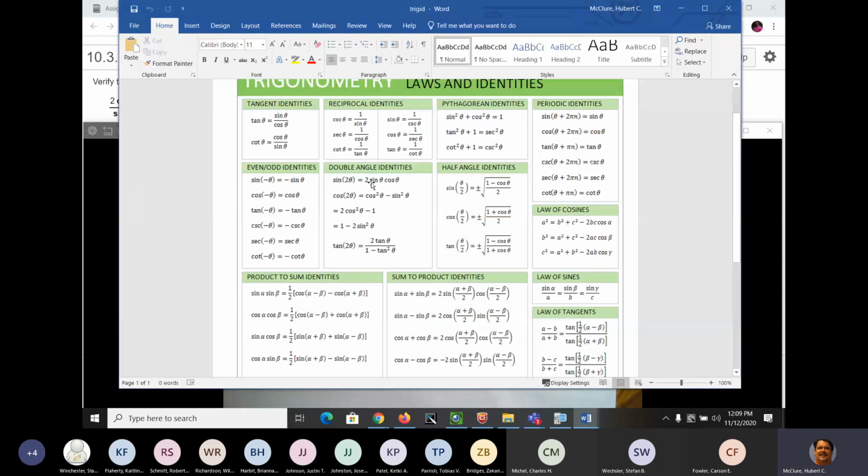Well, it should be sine of 2 theta equal to 2 sine cosine. Well, that should be up top. I've got something backwards. That's equal to 2 sine of 2 theta. And I'm supposed to have 2 cosine of 2 theta. So I've got the 2. Somehow I've got the 2 backwards.